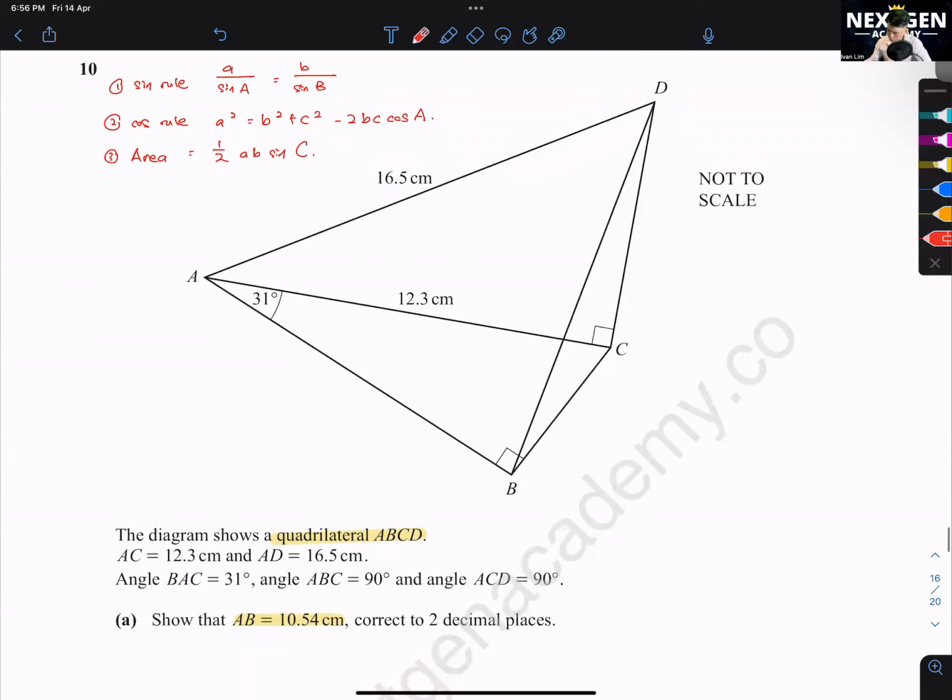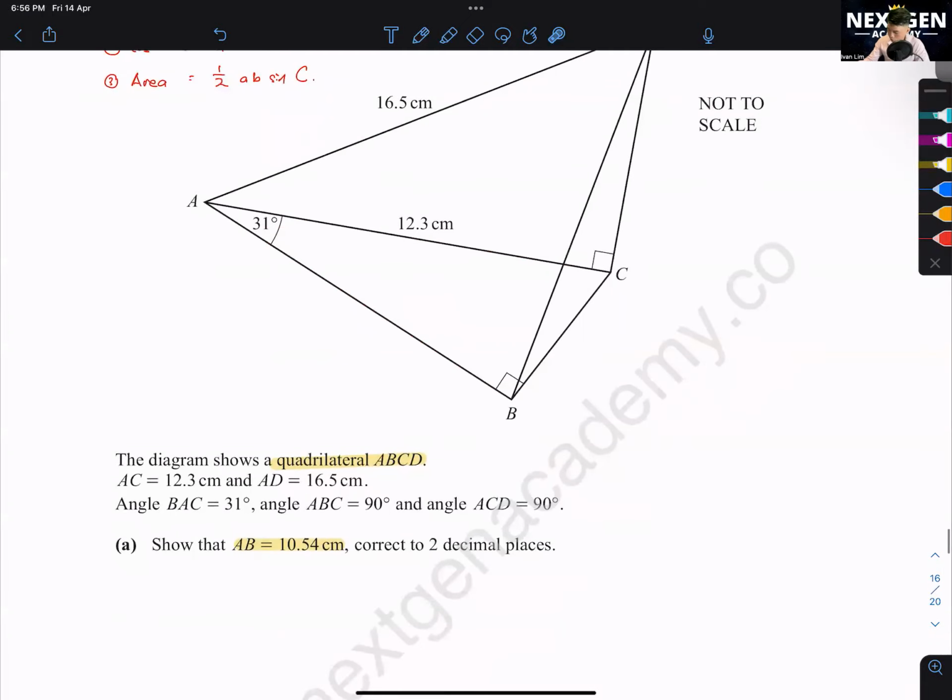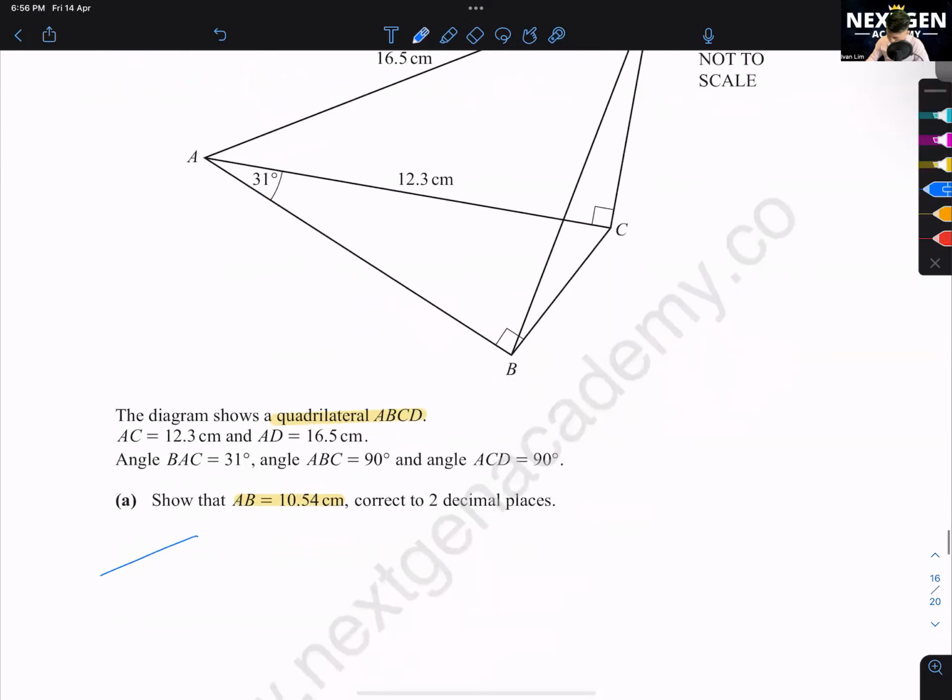Okay, first one, AB. This is a right angle triangle. So if you can use right angle triangle, then you just use SOHCAHTOA or Pythagoras theorem. So let's just sketch it out here. I have this right angle triangle called ABC.